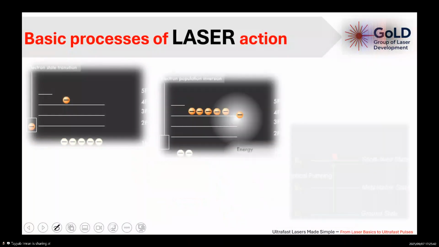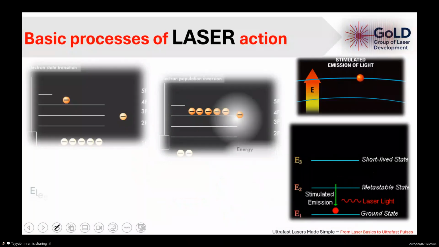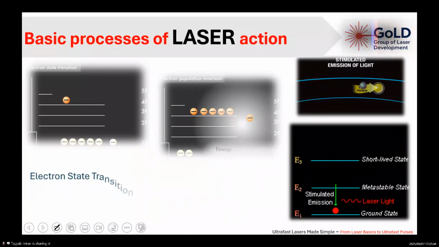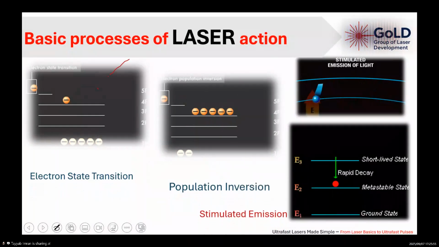Okay, so what do you see here? This is a similar kind of thing which I have shown you before. Here, if you see in this kind of animation, the electron highly populated area is the lowest one.